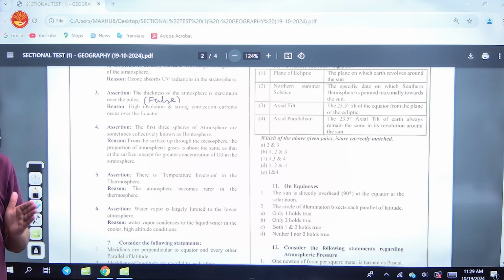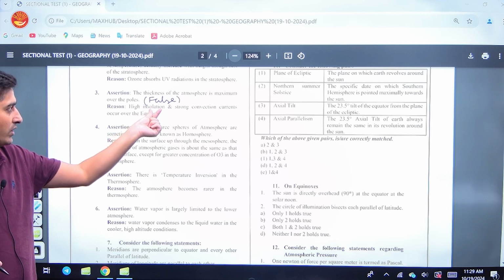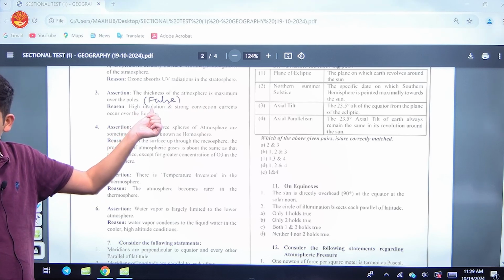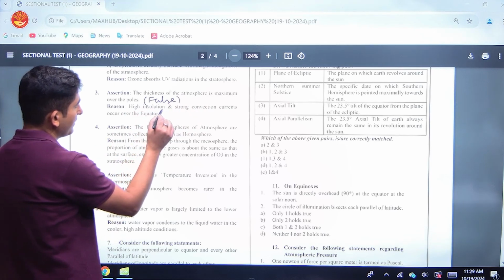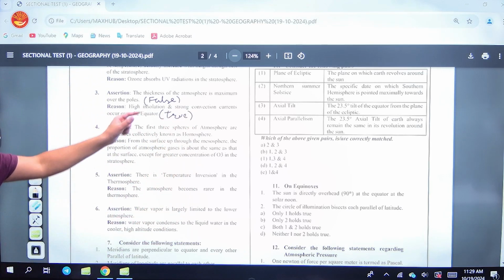These convection currents mostly result in the 4 o'clock showers over the equatorial region. So this is absolutely correct, insolation is also high over the equator, and strong convection currents occur over the equator, this is definitely true.